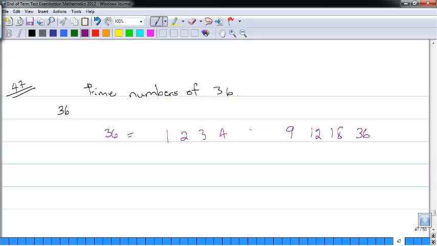And 6 can go into 36 6 times. So the factors of 36 are 1, 2, 3, 4, 6, 9, 12, 18, and 36.